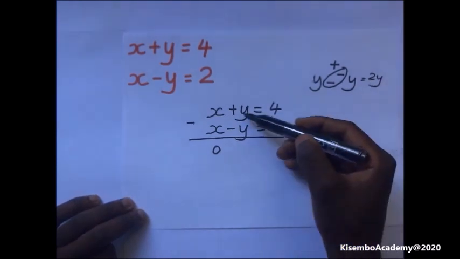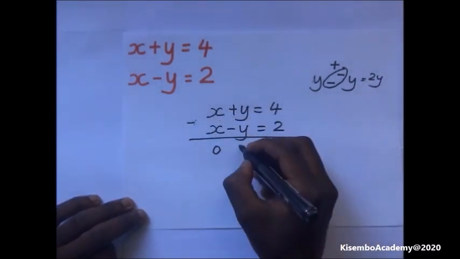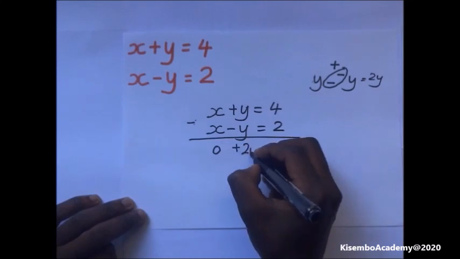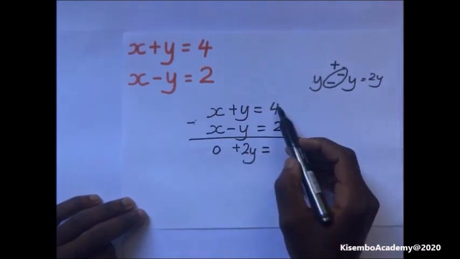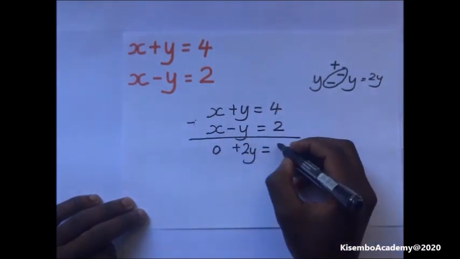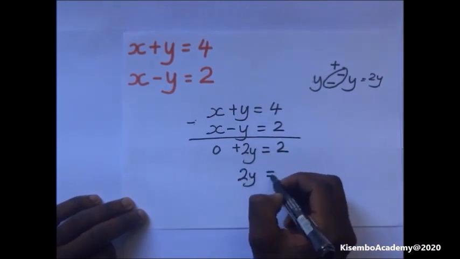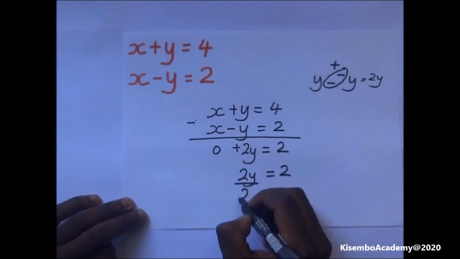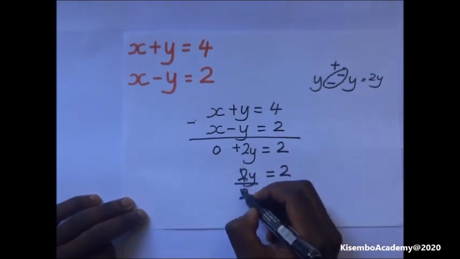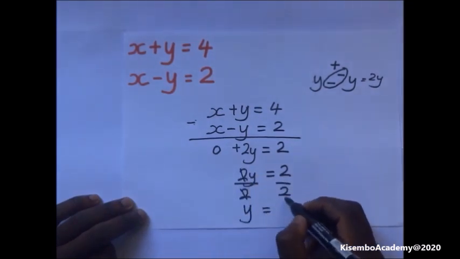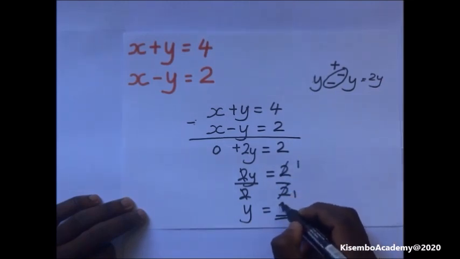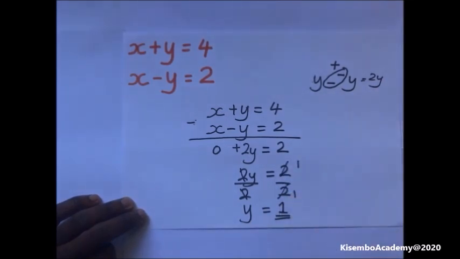So this minus negative y is positive 2y. That is going to be equal to 4 minus 2, which gives us 2. So we remain with 2y is equal to 2. When we divide both sides by 2 to get the value of y, our value of y is 1.